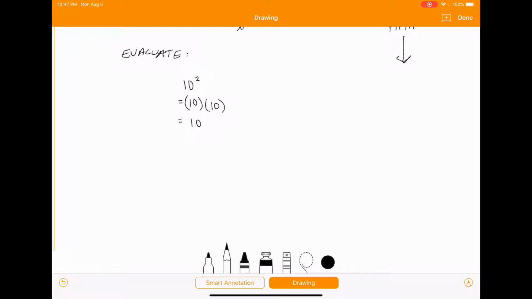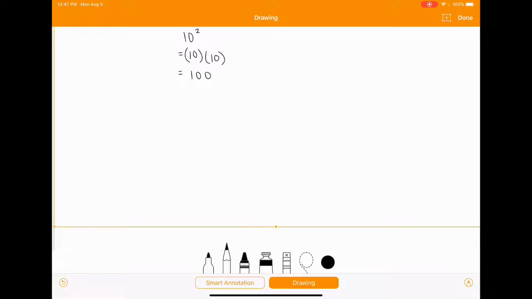So that's going to be 100. Now if we had 7 raised to the 4th power, that's going to be your base, which is 7, multiplied by itself 4 times. Which is 2,401.